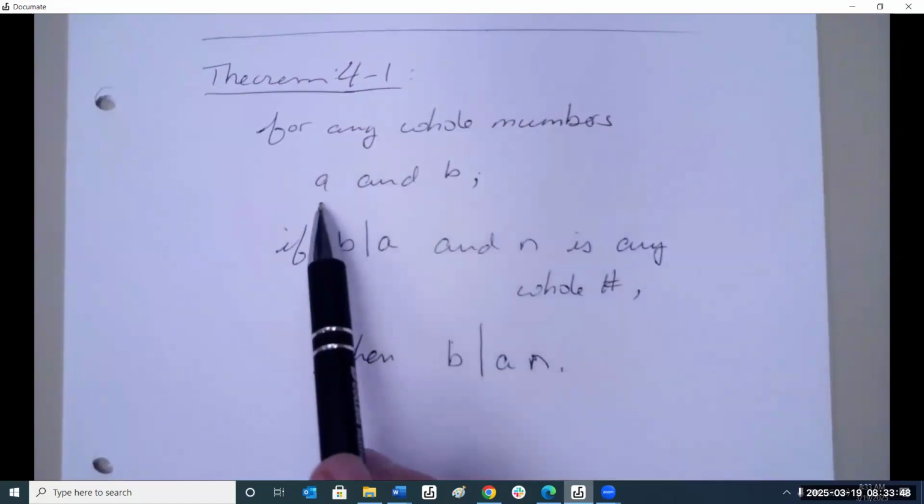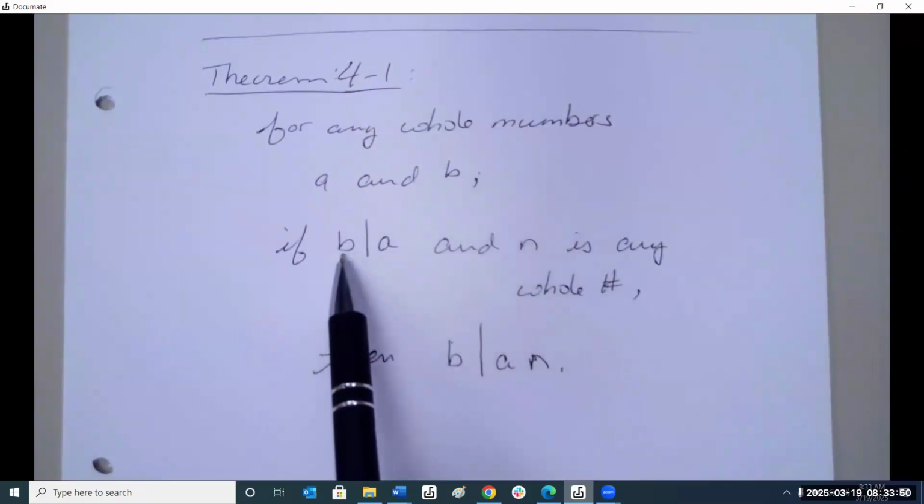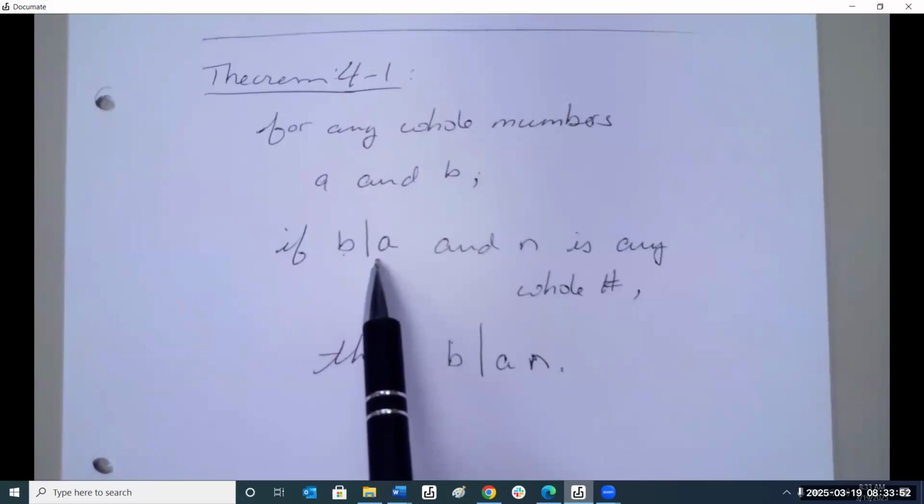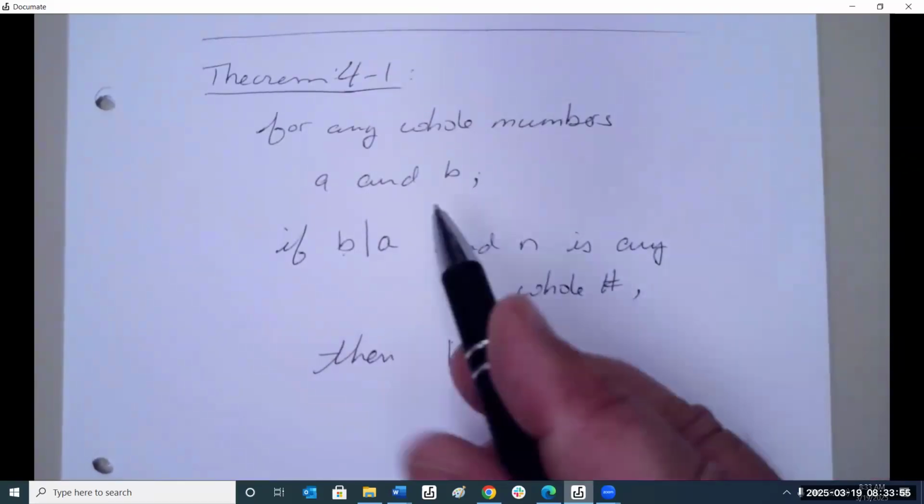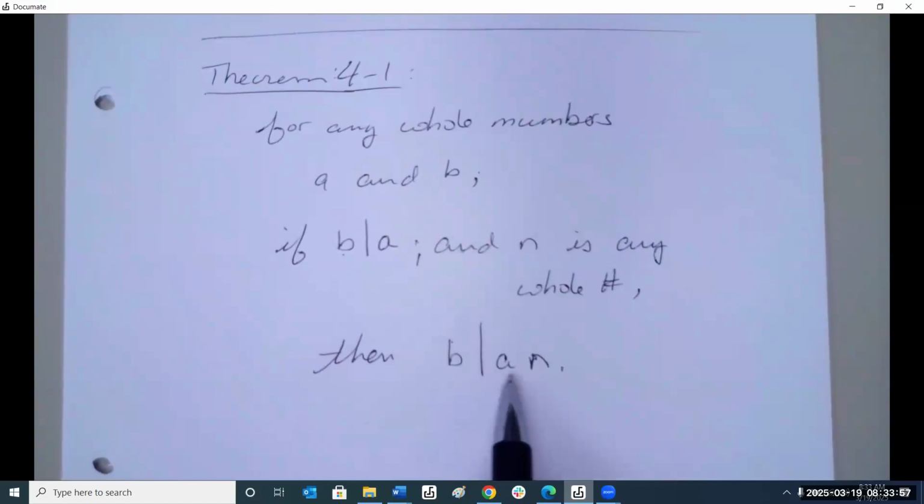For any whole numbers A and B, if B divides A and N is any whole number, then B divides A times N.